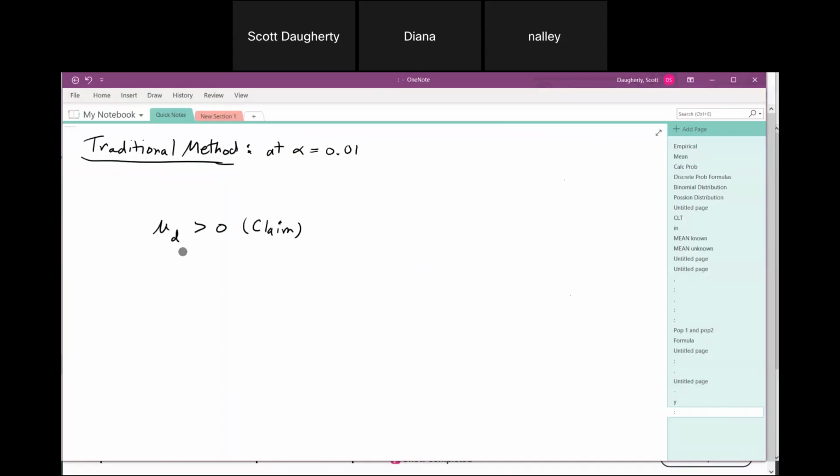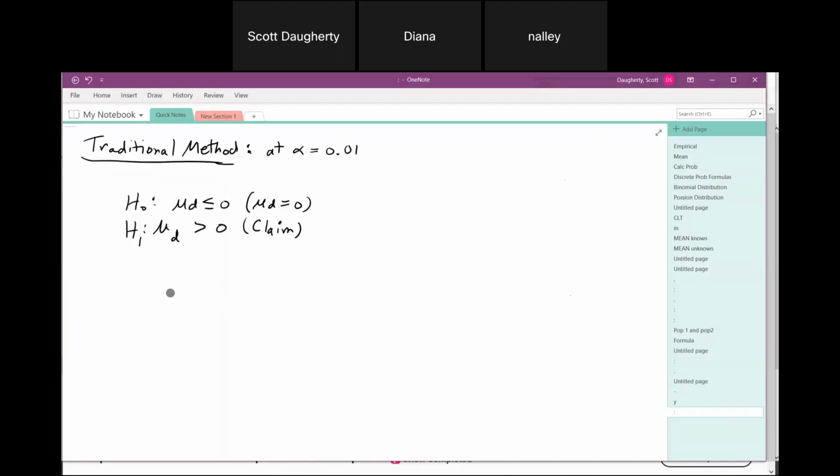Okay, so there's our claim. Now this does not have an equal sign in it, so it's the alternative hypothesis. And then of course the null hypothesis would be mu sub d is less than or equal to 0, which we just think of as mu sub d is equal to 0. Okay, so that's how you would set it up.